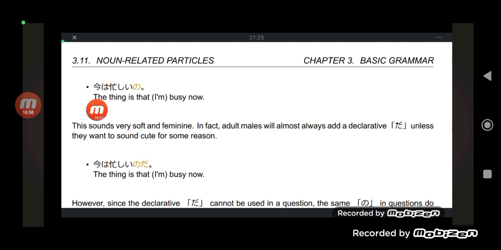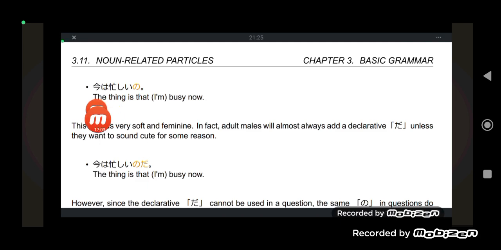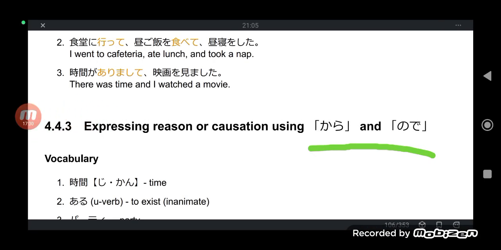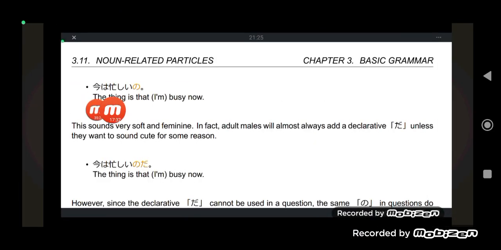Because if you can recall in our lesson which has a name, particles used for listing nouns, and the last part there, if you skip to 35 minutes 10 seconds, that is the part where we are nominalizing the particle no to make it a nominal noun as a sentence ender, just like here.